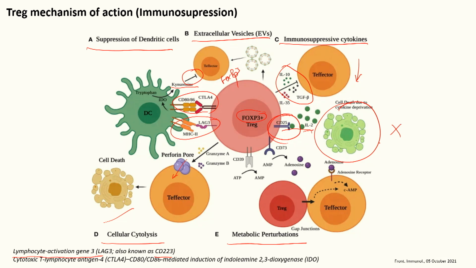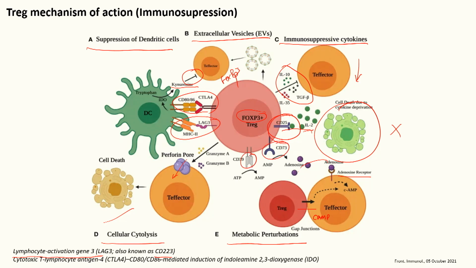The other reprogramming they do in terms of metabolism is a passive transfer of cyclic AMP to the T effector cell. The T regulatory cell can transfer cyclic AMP through gap junctions to the T effector cell, and this can lead to specific expression of the adenosine receptor, which binds adenosine produced by the receptors CD39 and CD73.